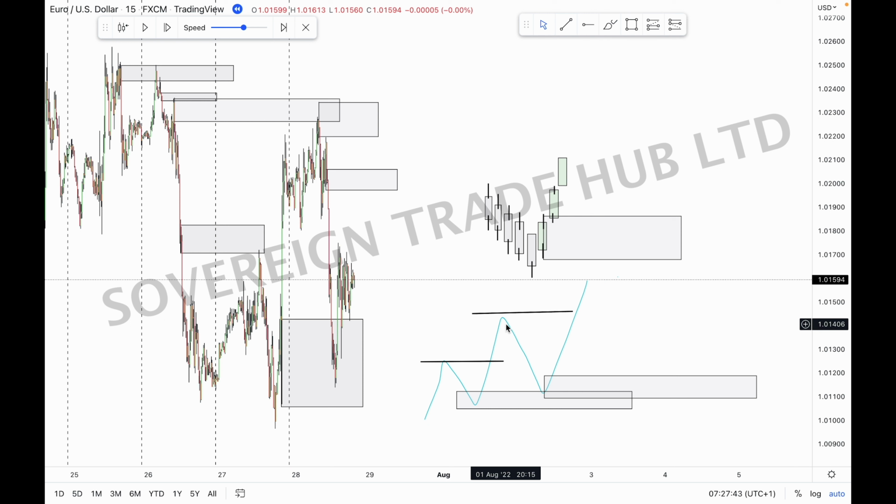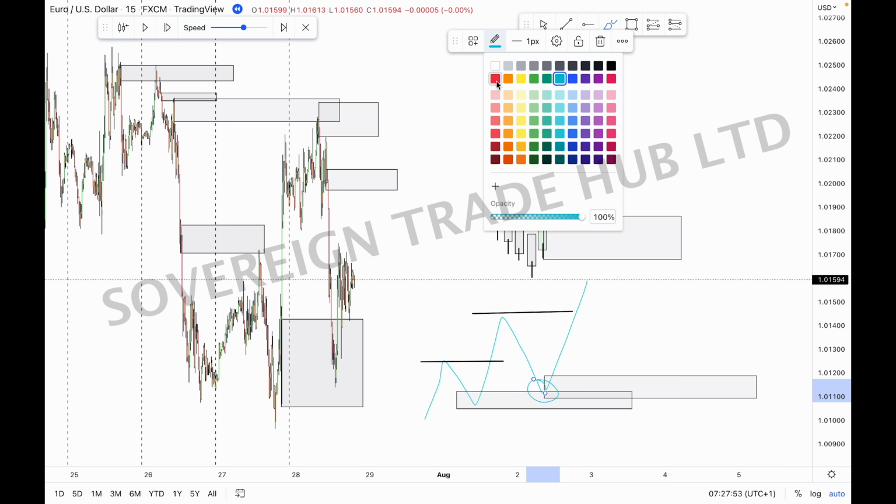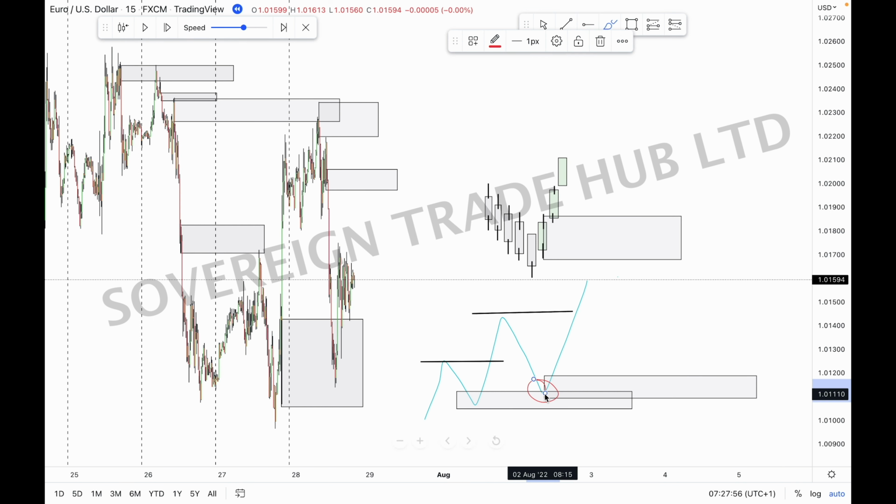And the moment we had this BOS, this level was extended into the future. So what we have here now is an unmitigated zone. The moment price action stepped into that zone, it becomes mitigated. It becomes tapped.